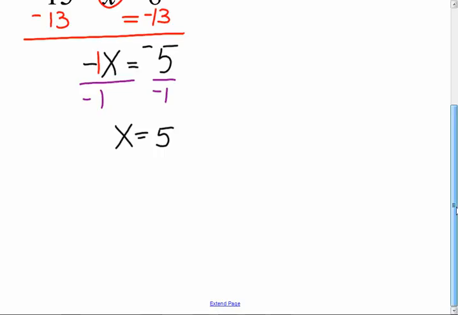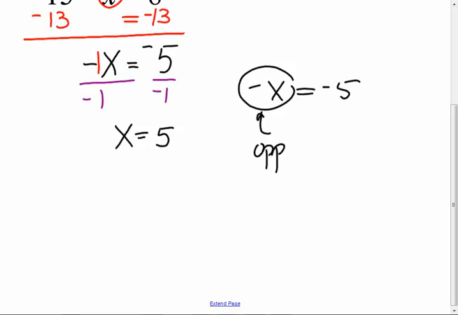But there's another way to think about it. I kind of like this other way of thinking. Copy that one. This says, if you want to do it by inspection, the opposite of what number is negative 5?